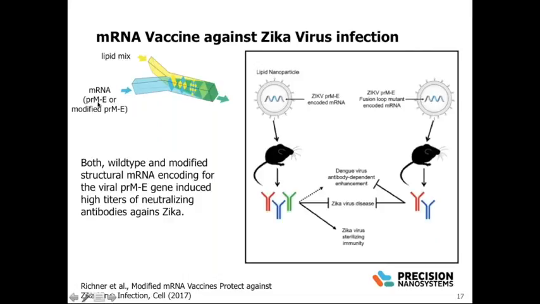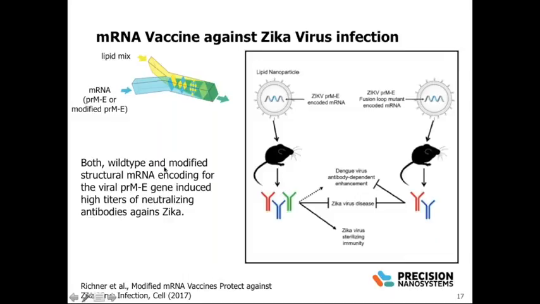They combined the mRNA into a lipid nanoparticle. And this time the mRNA that they used encoded for the PRME gene, which also encodes a protein that is part of the membrane of the Zika virus, in fact.